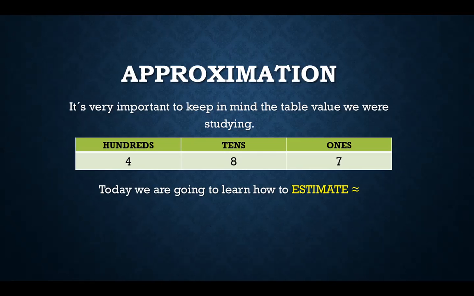Who can tell me? 500, if we say to the nearest 100. But what if I say to the nearest 10? If I say the nearest 10, I'm going to work with the ones and tens in my table.